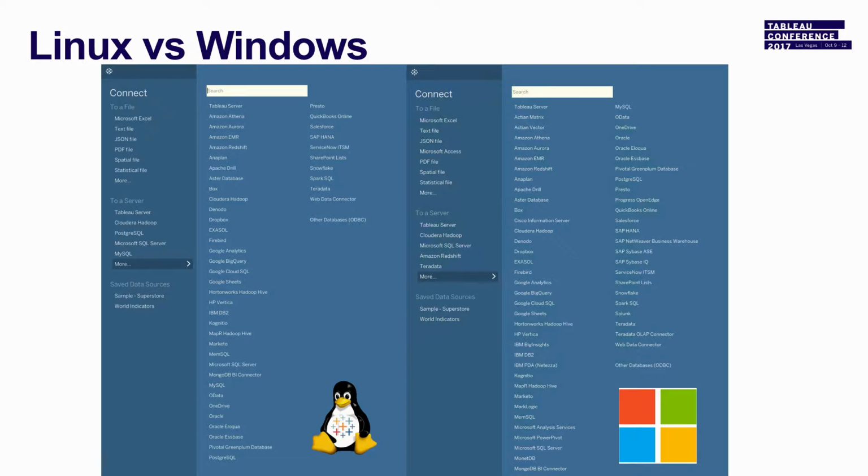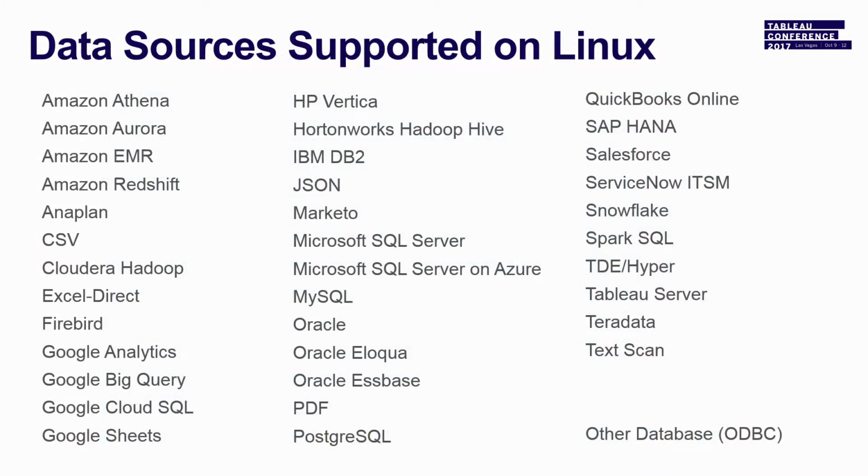Here is the full list of the data sources we currently support on Linux. Again, there are about 40 data sources supported, and more are on the way. We support all the file-based data sources except Microsoft Access.